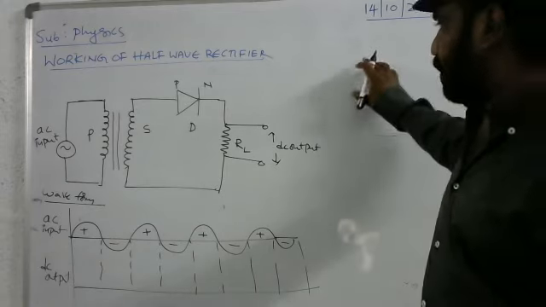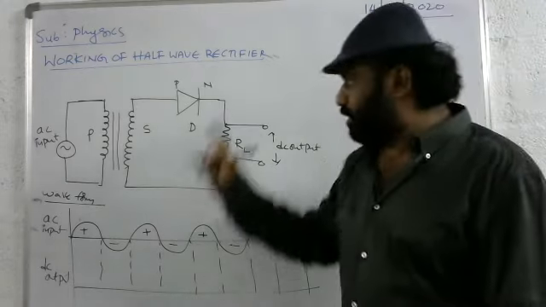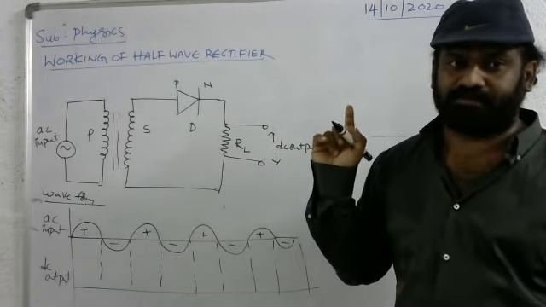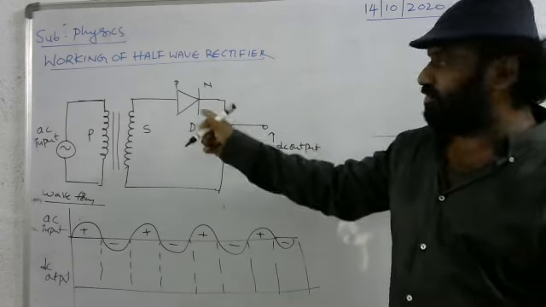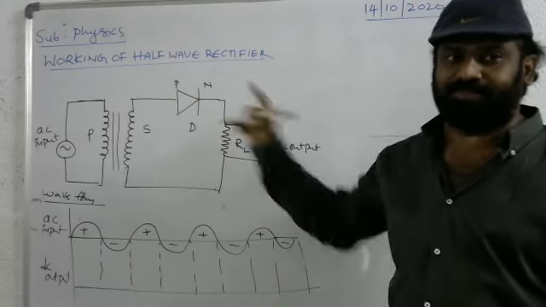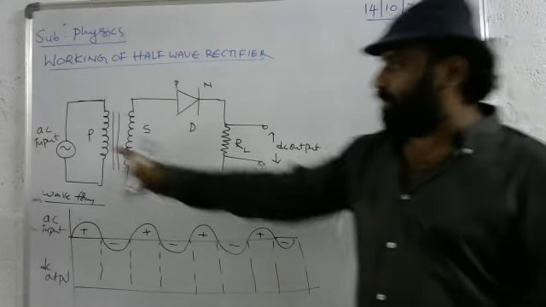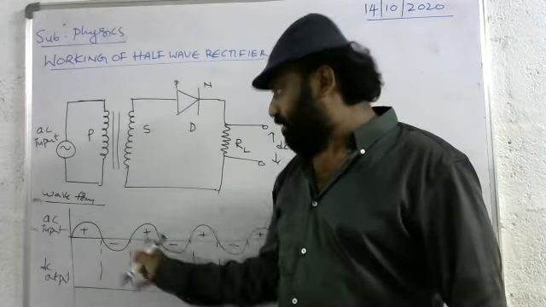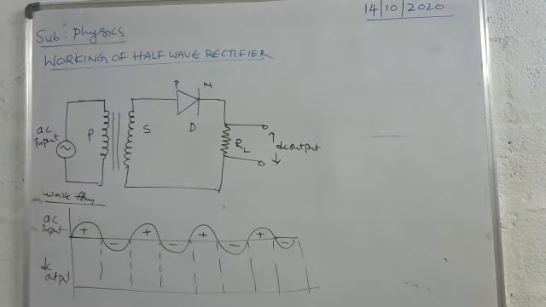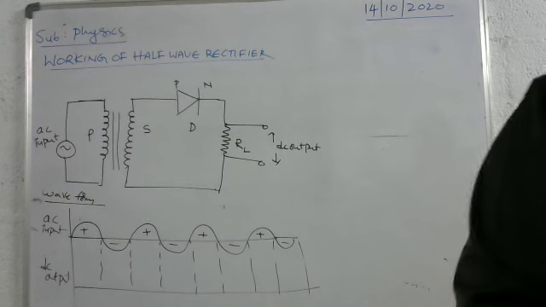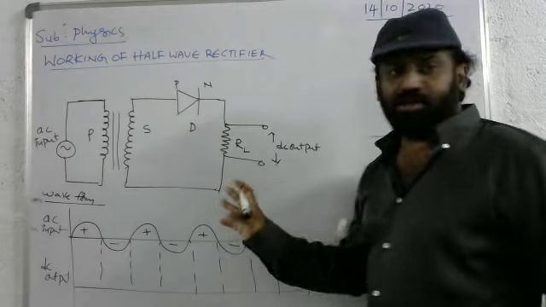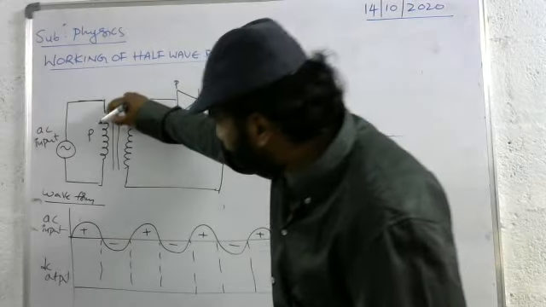Now let us see. We'll discuss the construction. The half wave rectifier is constructed with a single diode D. That is the first point. Got it? Next, the second point: the AC input signal is given to the primary coil of a transformer, and it is induced to the secondary coil.